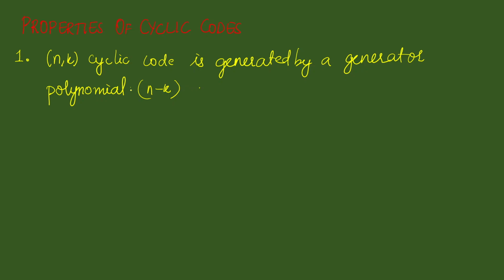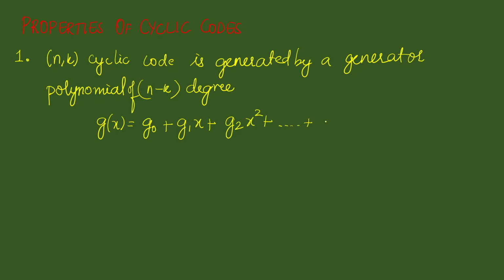That means the polynomial in X, the maximum power that X can take is n minus k, and that is given by g(X) = g0 + g1 X + g2 X^2, and so on. The last term has coefficient g(n-k) multiplied by X raised to n minus k. So the generator polynomial is a unique one which is defined for a particular cyclic code that we are trying to generate.